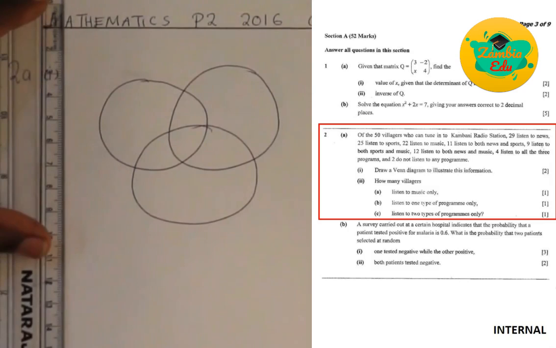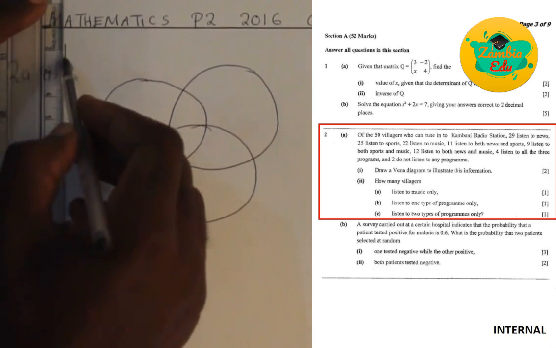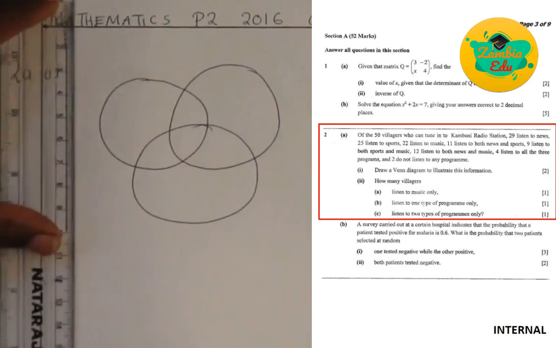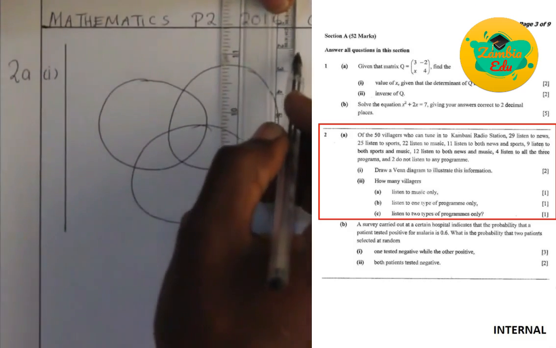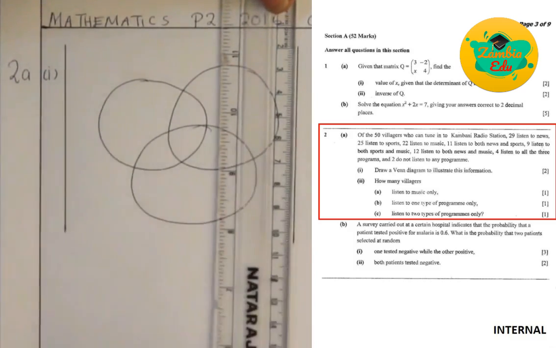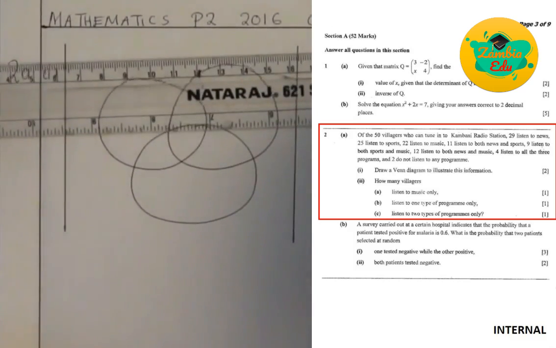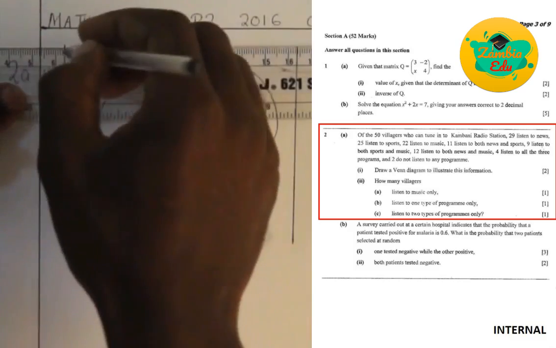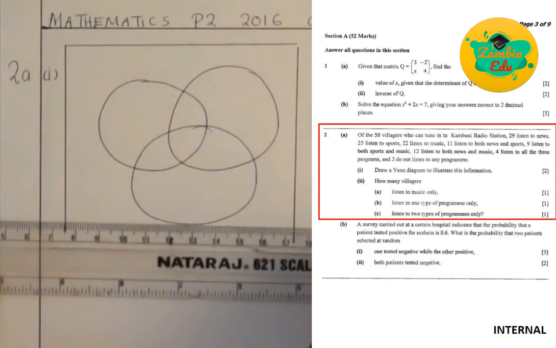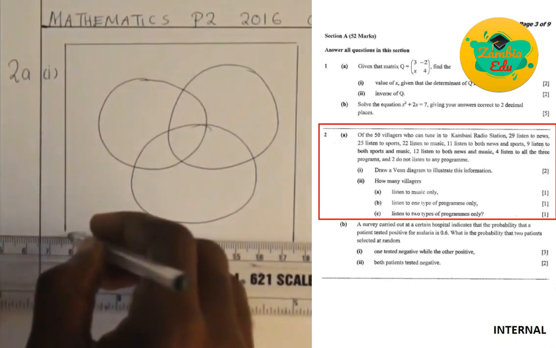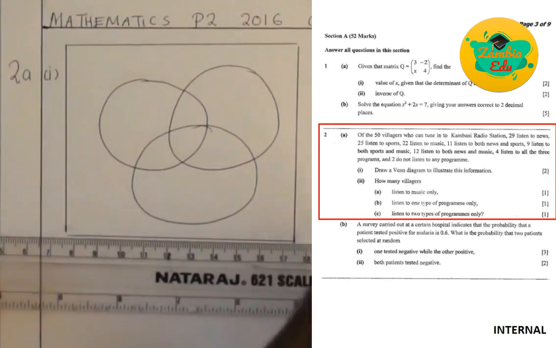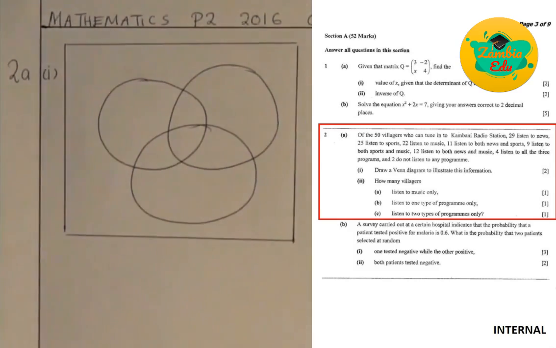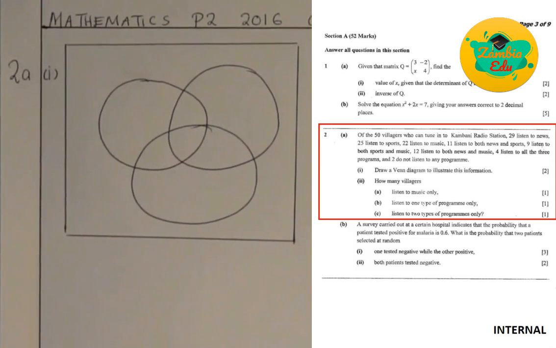Make sure that we put them in the rectangle in that way. After we finish drawing our diagram, we are now going to fill in the necessary information.